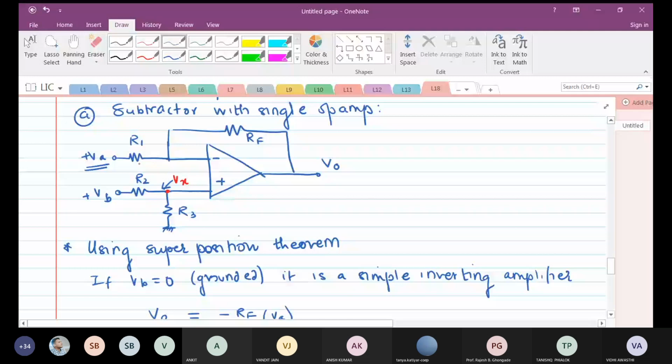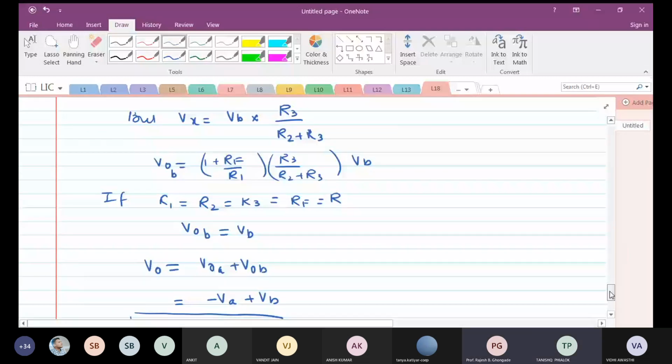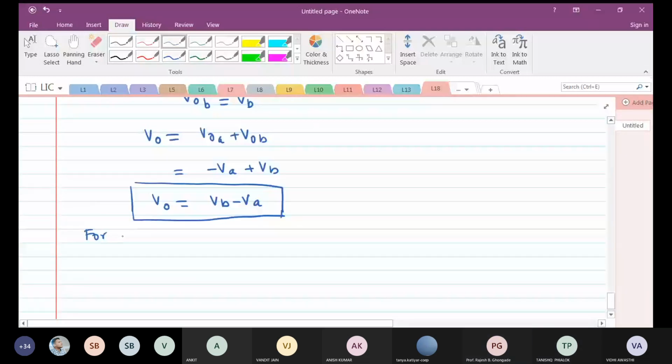It sees an inverting amplifier. But for Vb, it is a non-inverting amplifier.